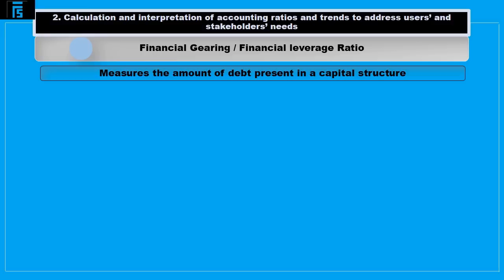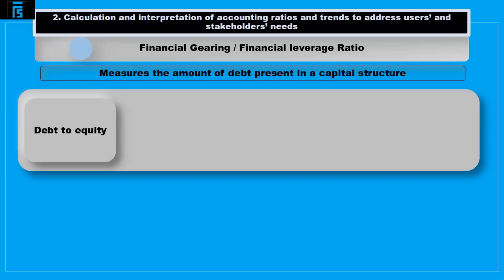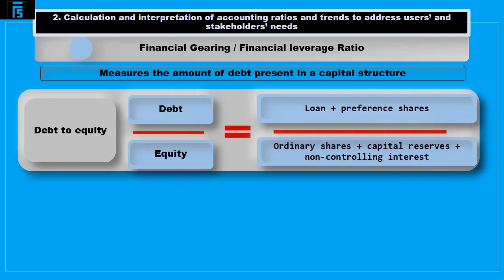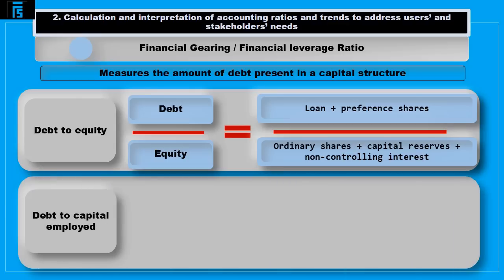This is commonly expressed in one of two ways: by means of the debt-to-equity ratio or the ratio of debt to capital employed. In the first case, the ratio is measured as the relationship between a company's balance of loans and preference share capital divided by the carrying amount of ordinary share capital, reserve capital, and non-controlling interest.